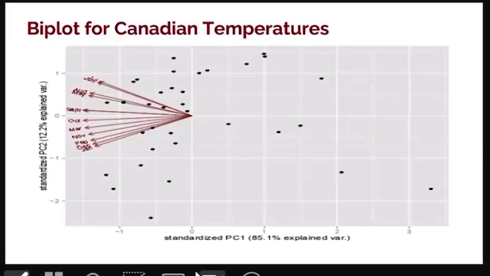Now, let me tell you this. What is this? Those are the variables. When the variables are in the same direction, that's a positive correlation. When they are in opposite directions, that would be a negative correlation among the variables.